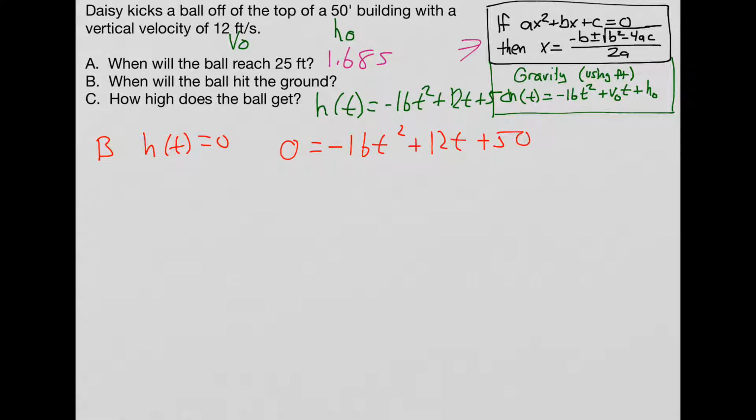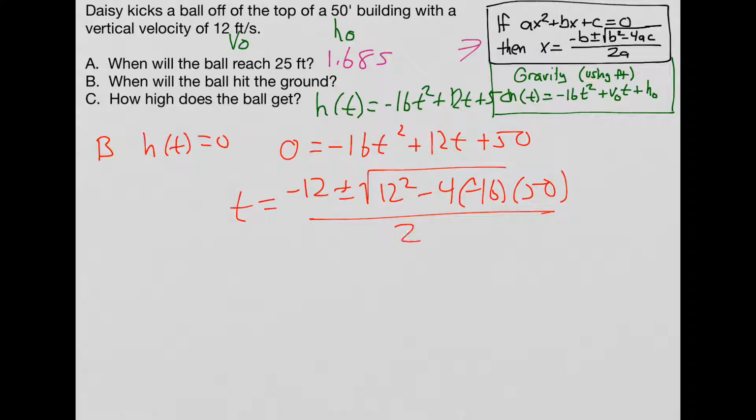And now we already have it equal to 0, so we can go straight to the opposite of b plus or minus the square root of b squared minus 4ac, all over 2 times a. And if you take a second, maybe pause the video, plug this into your calculator, check your answers with mine.